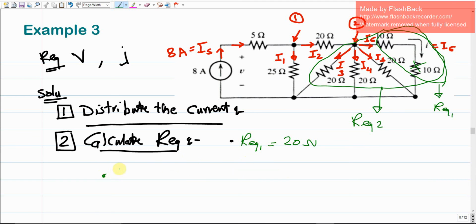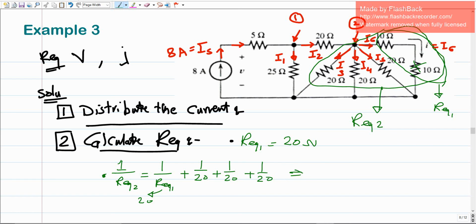R equivalent 2 is calculated using this equation: 1 over R equivalent 2 equals the inverse of R equivalent 1 that we just calculated, which is 20, because these 2 have been combined, plus the inverse of the other 20 ohms, plus the inverse of this 20 ohm, plus the inverse of this 20 ohm, and remember that there should be 20 as well.